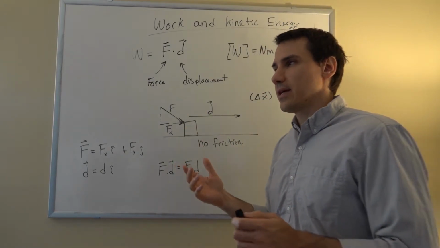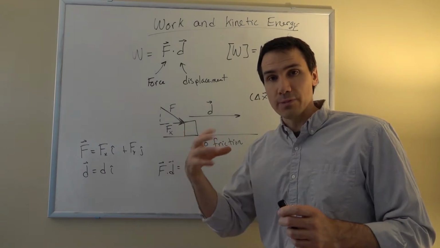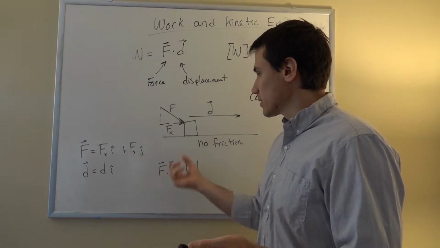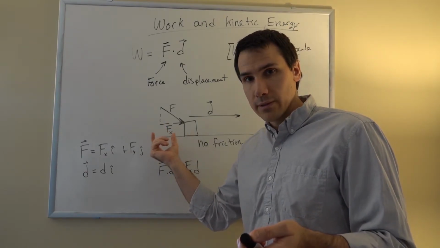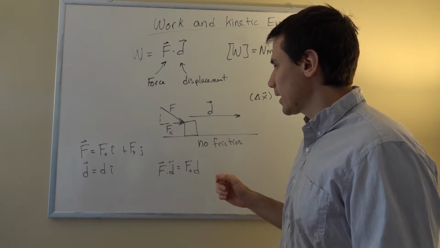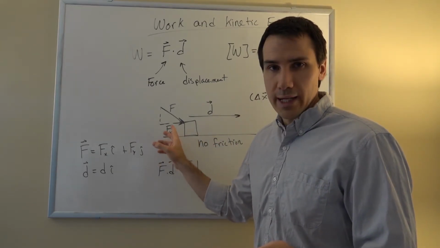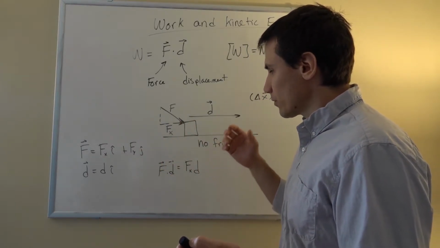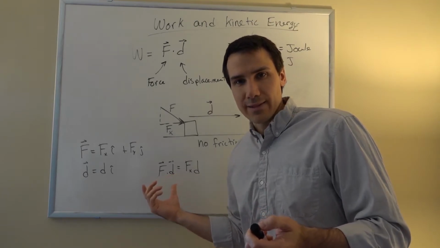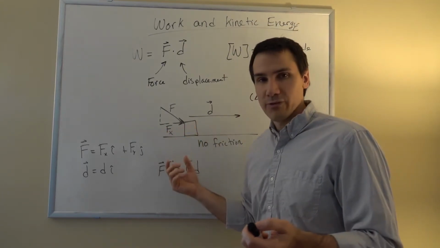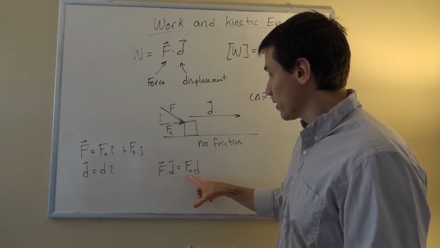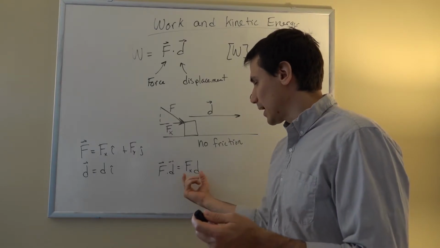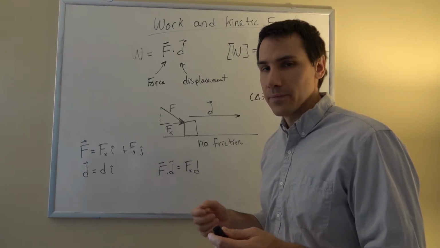So if we went back to our forces picture of this situation, the acceleration of my box depends only on the x component of my force, and you would solve for that in terms of Newton's second law. So the dot product basically does exactly the same thing. It says, well, which component of my force is actually helping me move? Oh, it's the component of my force in the direction of my displacement. I will just find that.